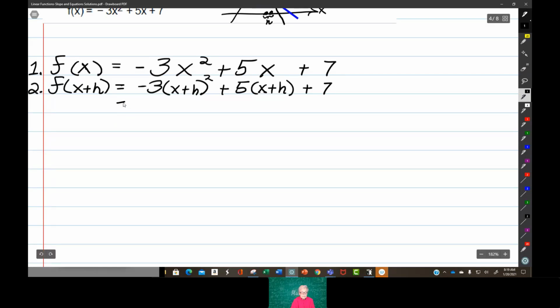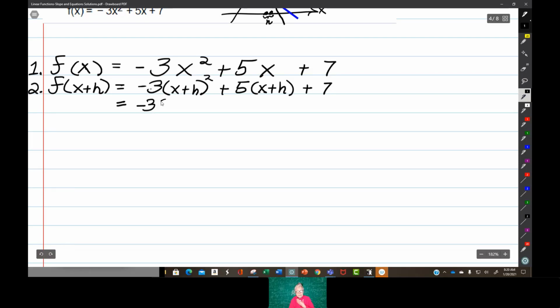Okay. Now we have to work this out. I cannot distribute the negative 3 right now because I have to square x plus h. This is what I do next.